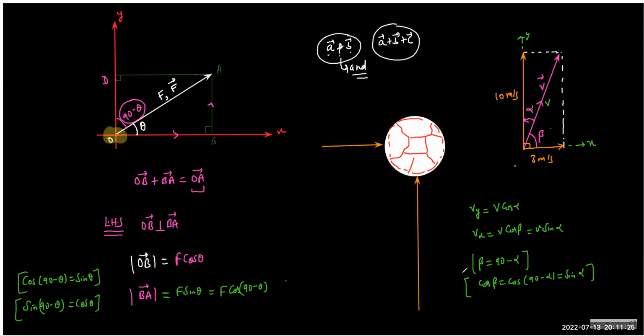Take the cosine of that angle, that's it. You're done. No need to mug up the sine and cos. That is what I'm trying to explain here. I think you're not getting it. Okay, no problem. Let me give you one better example. This will help.